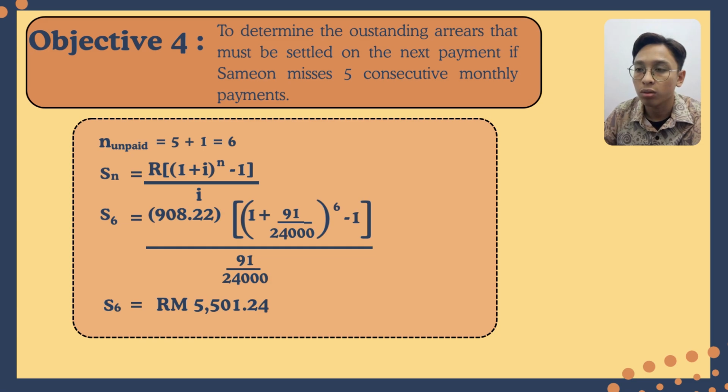Sn equals R bracket 1 plus I bracket power of N minus 1, divided by I. S6 equals bracket 908.22 bracket 1 plus 91 per 24,000 bracket power of 6 minus 1. S6 equals RM 5,501.24.